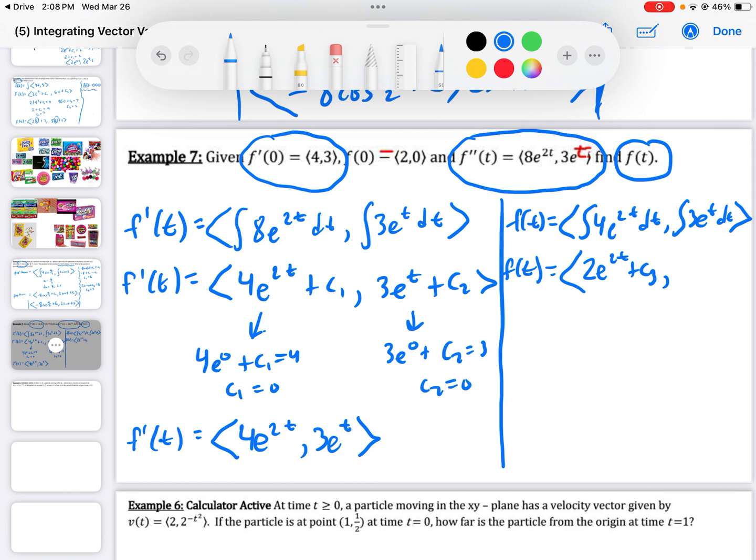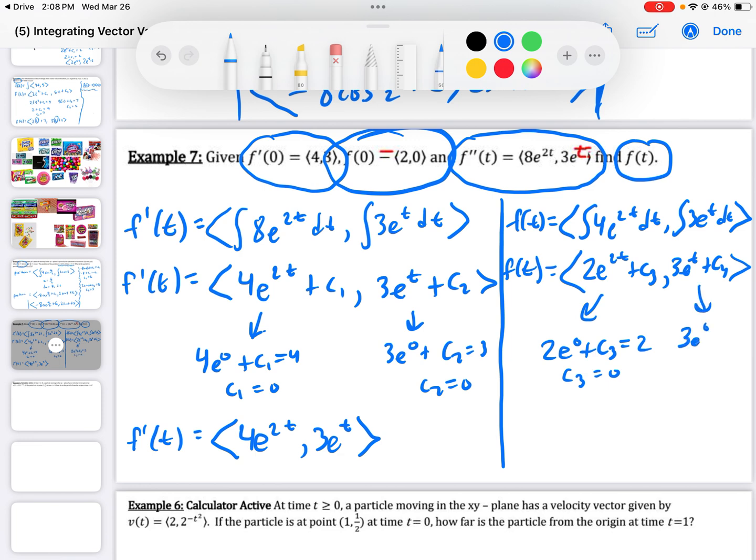I'll call this C3, it's a new C. Okay, use your initial condition. So final answer.